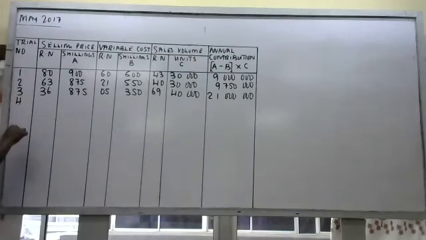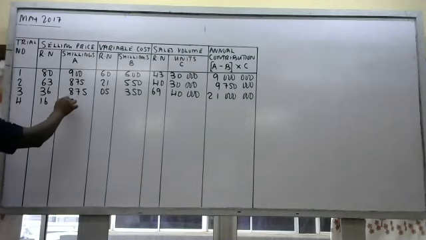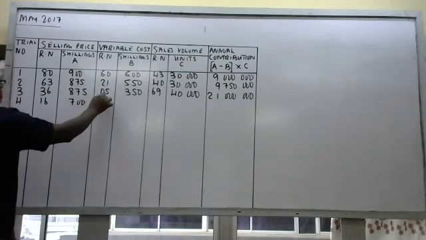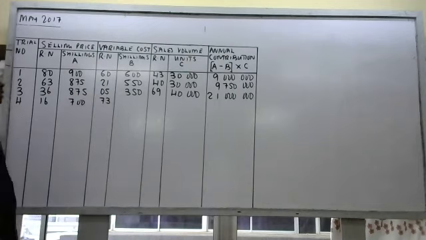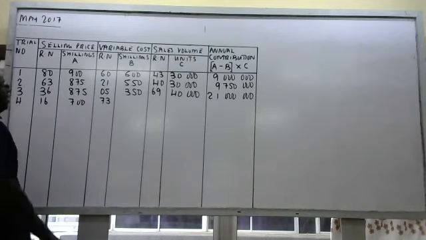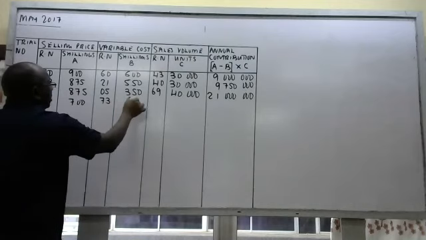Day number 4 after 69 is 16. As a price of 700. After hiyo tuko na 73. 600.